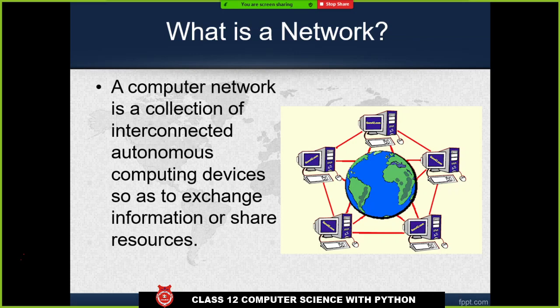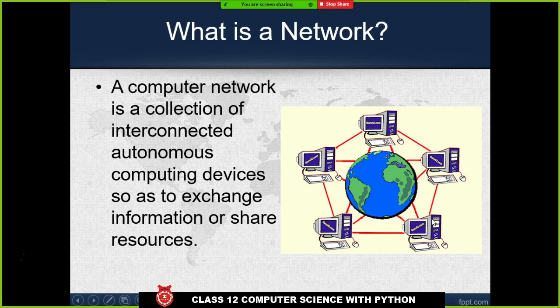As per this definition, when we say computing devices, it doesn't mean that only computers. It may be mobile phones also, and it may be laptop, it may be tablet or whatever which can access the network. So when we connect each other, they form a network.